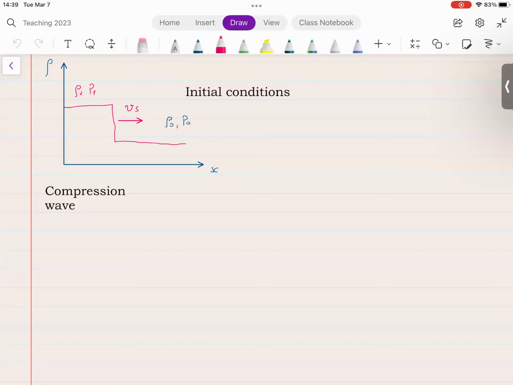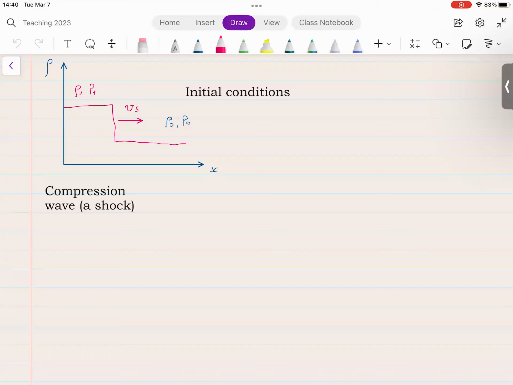And I should clarify that this compression wave is going to be a shock.